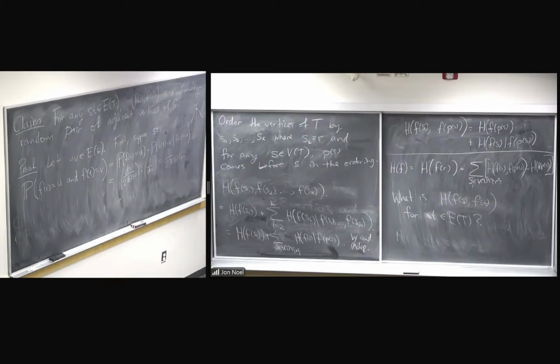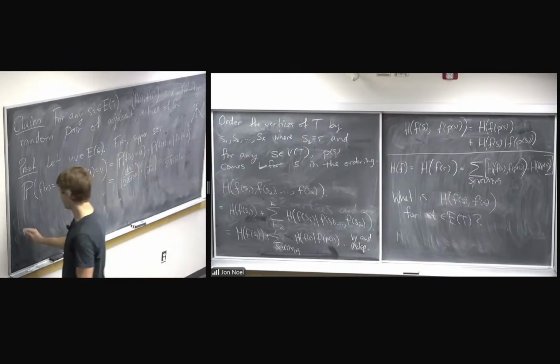Now you can do this maybe by induction on the distance of that edge from the root. Basically, all I need to show is the distribution of t. I want to show that t has the same distribution as r. Then for an edge like this, you could just apply the same argument if t has the same distribution as r.